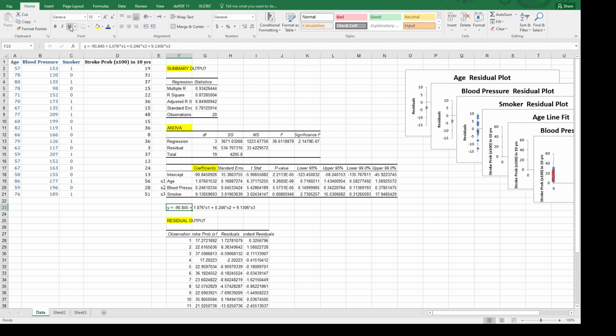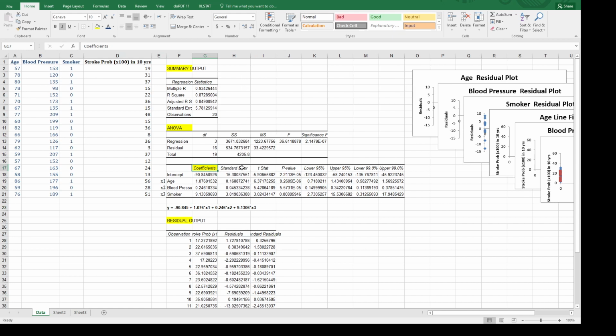Okay, so we have that. That's good. Now we also need the standard error. Basically, this is the standard deviation of error associated with B1, which is this value, and B2 and B3. So this is SB1, this is SB2, and this is SB3, standard error. We will use them because the t stat is effectively B1 divided by SB1 that you get here.